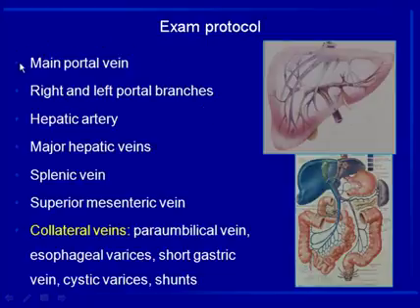We need to evaluate the main portal vein, right and left portal branches, the hepatic artery, main hepatic veins, splenic vein, superior mesenteric vein, and look for collaterals such as paraumbilical vein, esophageal varices, short gastric vein, cystic varices, and systemic shunts.